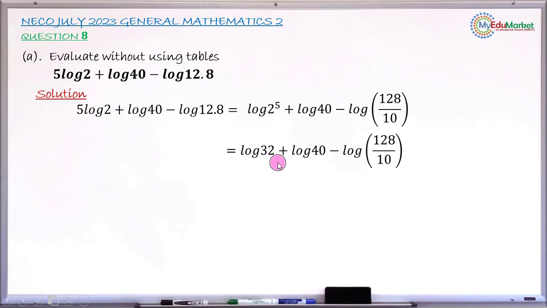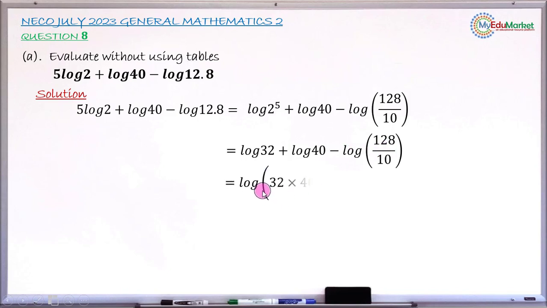So next we apply the laws of logarithm. Log 32 plus log 40 will simply be log, and inside the bracket, 32 times 40. Similarly, minus log simply means divided by the next.